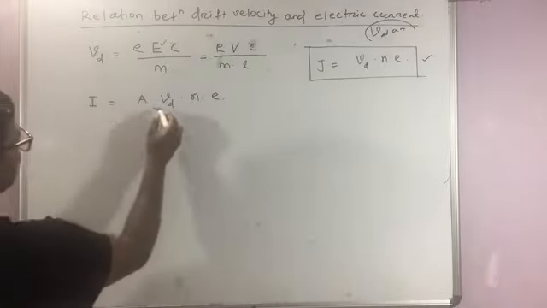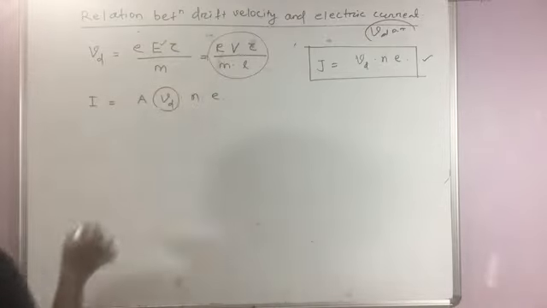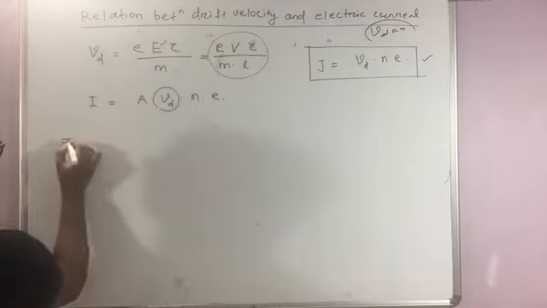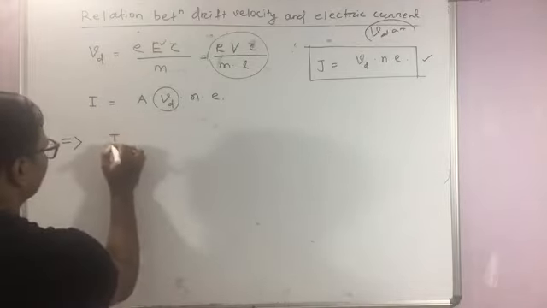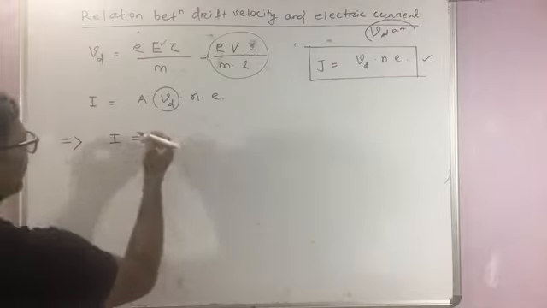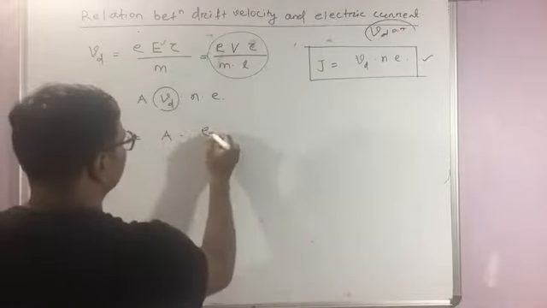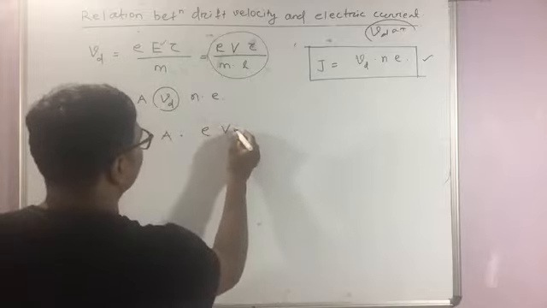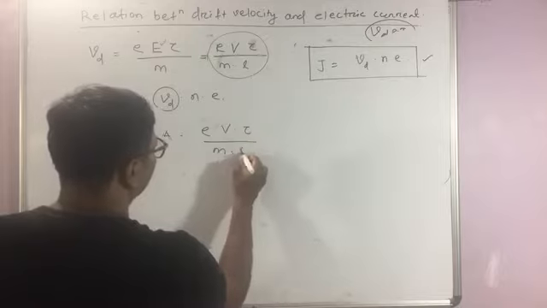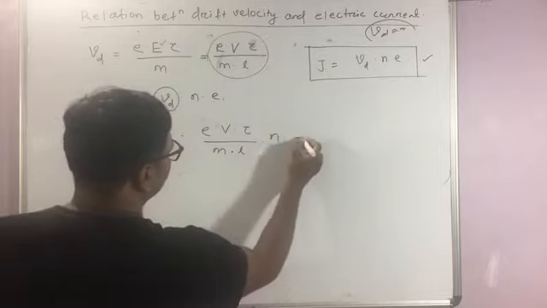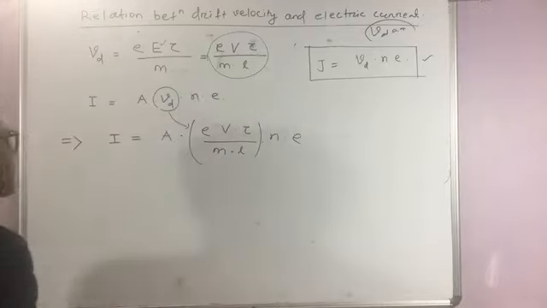Now we can substitute for Vd here, which implies I is equal to A into Vd, and Vd is eV tau by m into L, into n into e. So this Vd I have just substituted from here.